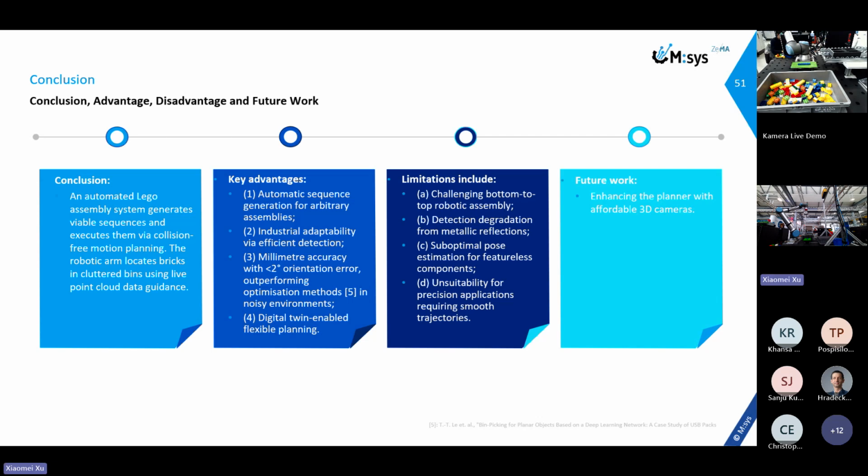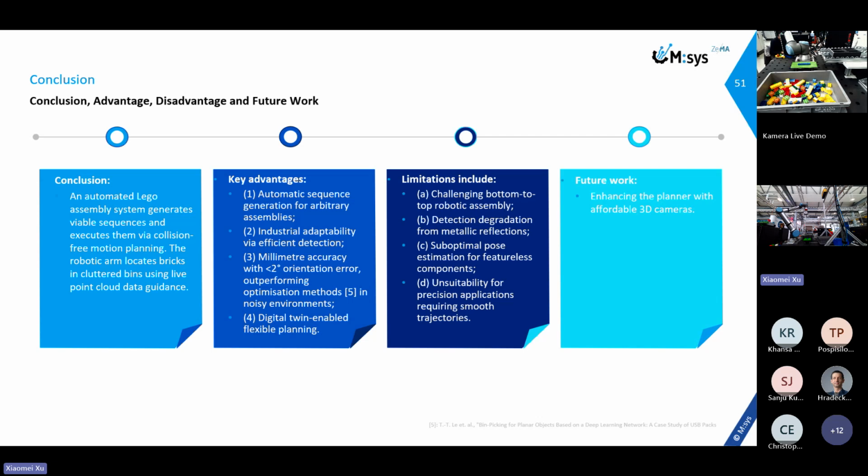Key advantages are automatic sequence generation for arbitrary assemblies, industrial adaptability via efficient detection, millimeter accuracy with optimization outperforming other methods in noisy environments, and a digital twin that enables flexible planning.